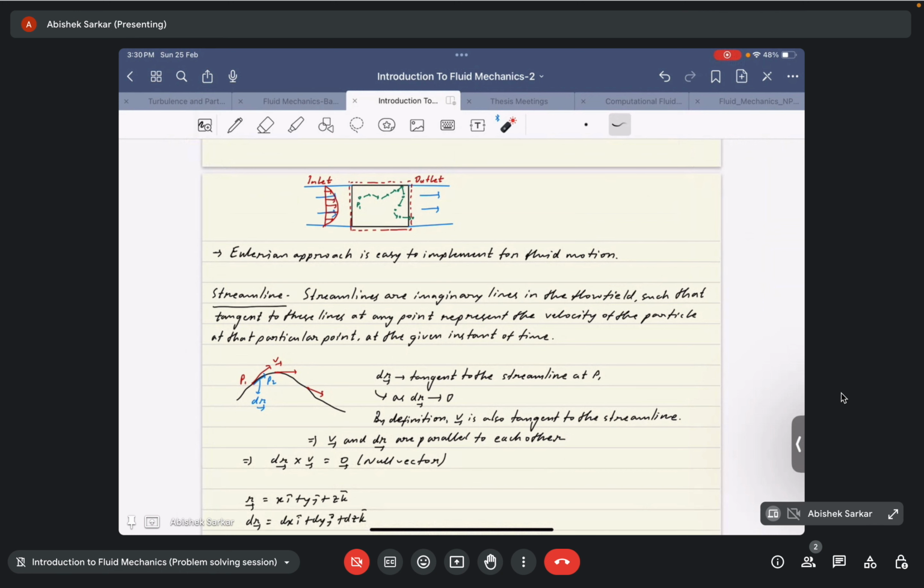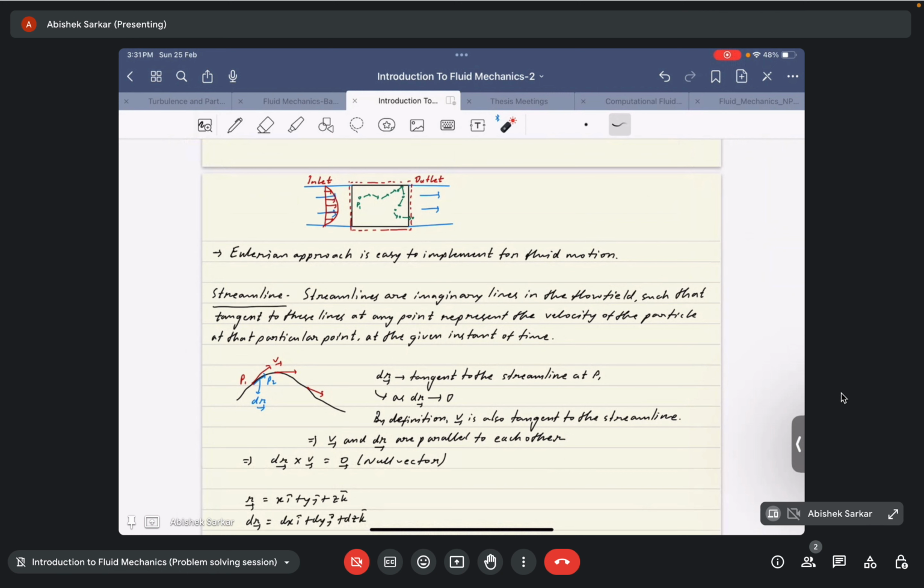These vortical structures are also termed eddies, and turbulent flow has a high level of distortion in the streamlines.